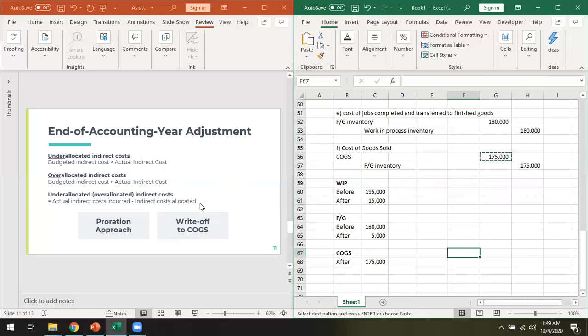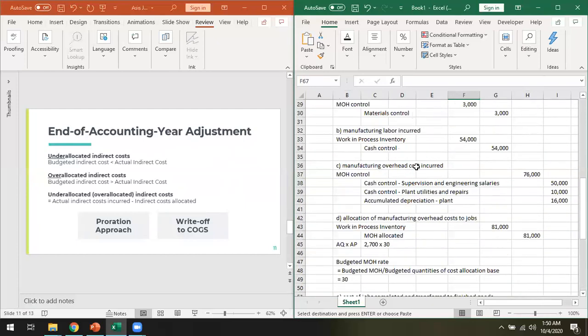As we know, we allocate the manufacturing overhead before we actually do the production. So the total manufacturing overhead cost incurred and the total manufacturing overhead allocated might be different.